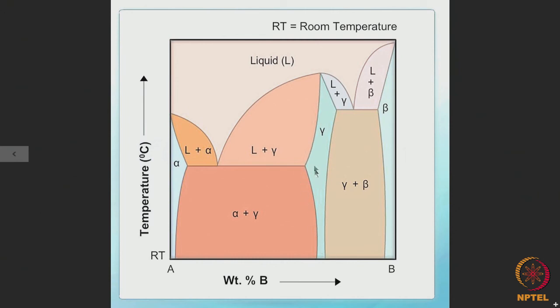If gamma were a pure compound, in the phase diagram it should have been a single line, but the very fact that it is extended over an area shows that gamma has much wider solid solubility. Otherwise, this diagram is not much different from the phase diagram which I have shown you before.